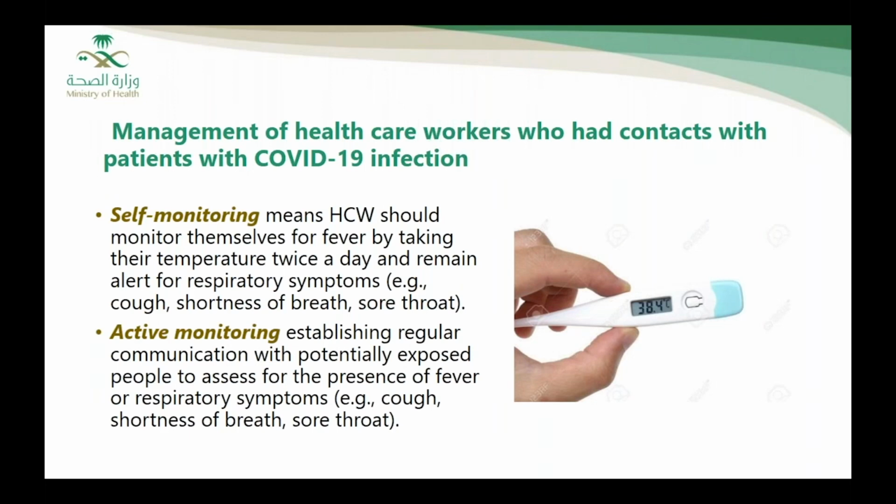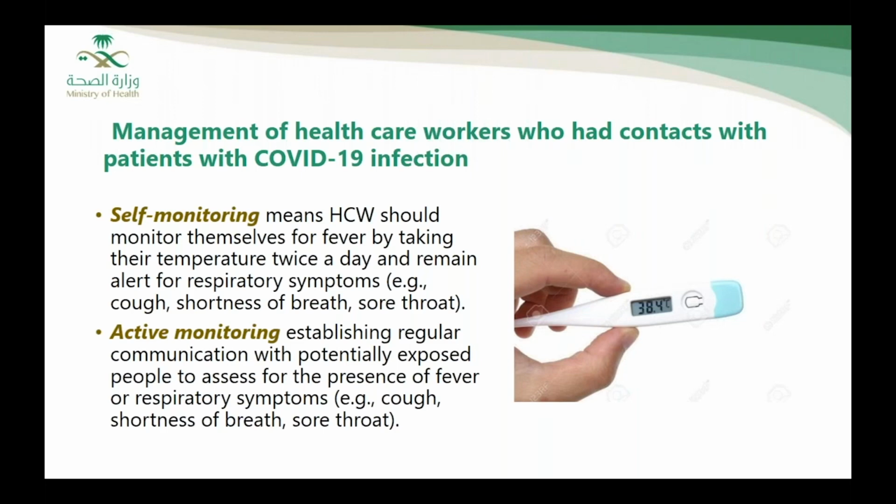How can we do management for our healthcare workers who had contact with a patient with COVID-19 infection? Self-monitoring, like we mentioned before, means that the healthcare worker should monitor themselves for fever by taking their temperature twice a day and remain alert for any respiratory symptoms, for example, cough, shortness of breath, or sore throat.